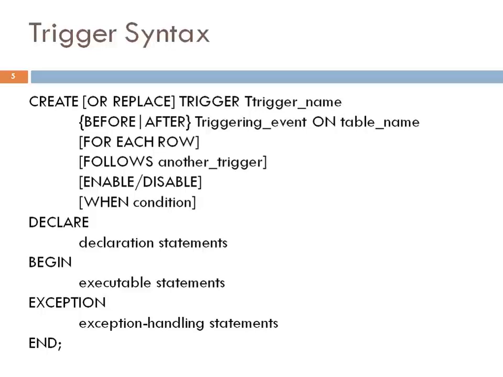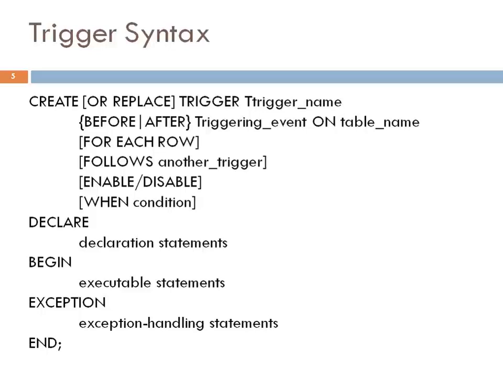Then next, this is also optional, is the when condition. In the when condition you give a condition for when this trigger is going to execute. A trigger is always going to be executed when some event takes place, but if you want to add another condition, on what particular condition this trigger will work, then you can give it here.